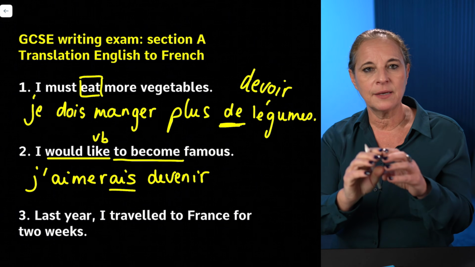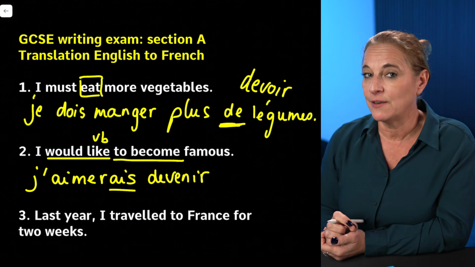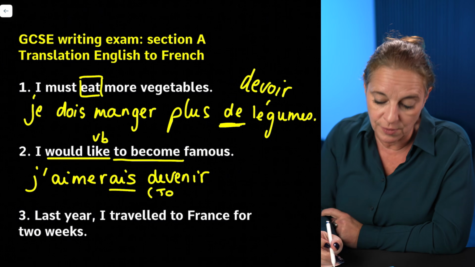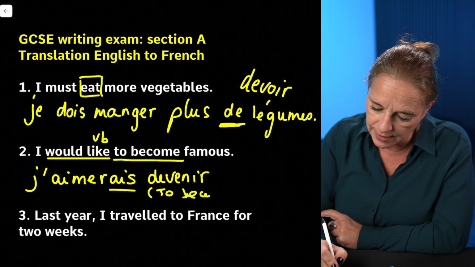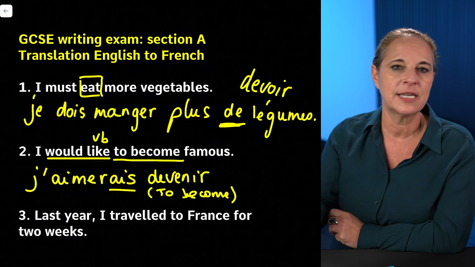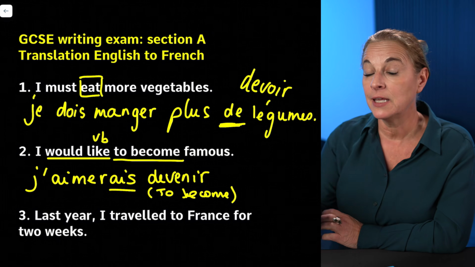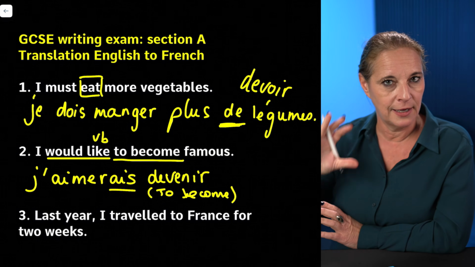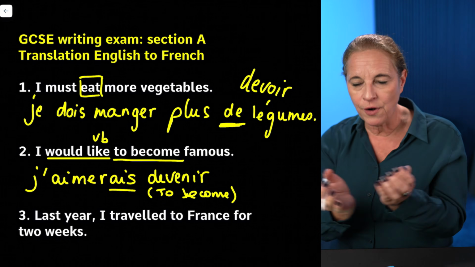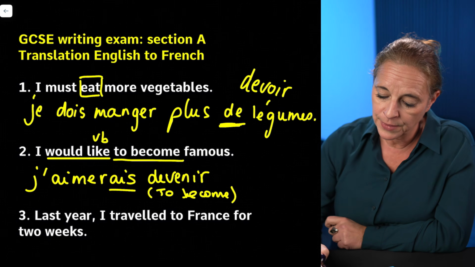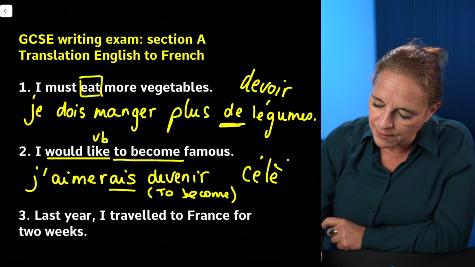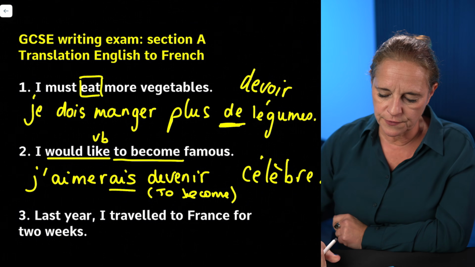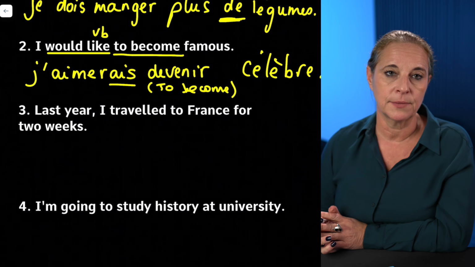The fact that I'm using the infinitive form of that verb means it is including to in it. The form itself, devenir, tells me it's an infinitive anyway. In English, to form the infinitive, you have to put to before the verb, to become. In French, you don't. You just put the whole verb, infinitive, as it is. Famous, célèbre. It's vocabulary. You need to know that, okay? J'aimerais devenir célèbre.